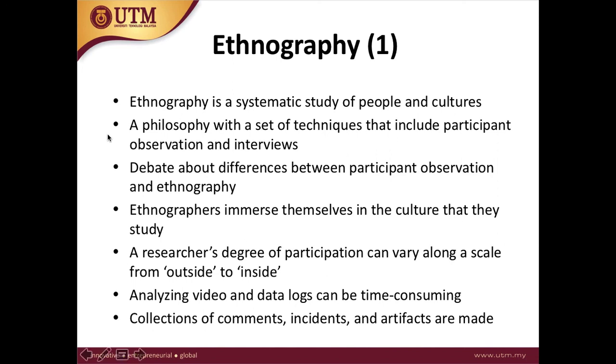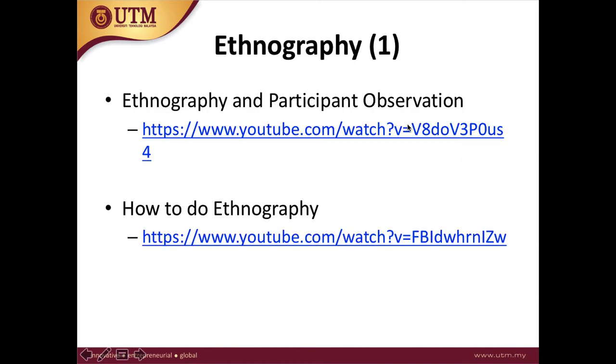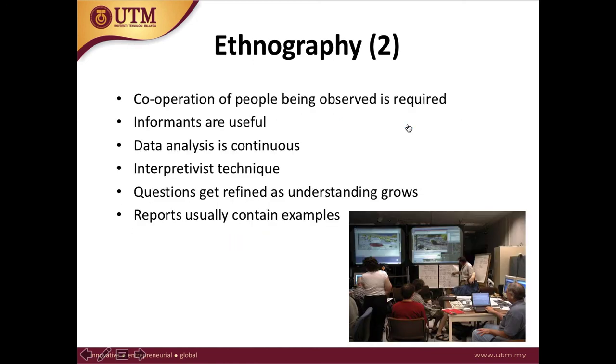Okay, the keyword here is ethnography is a systematic study of people and culture, including demography, things like that. Okay, so this is a link that you can try and see what ethnography is. So ethnography also requires the cooperation of the people being observed, the collaboration spirit, things like that.